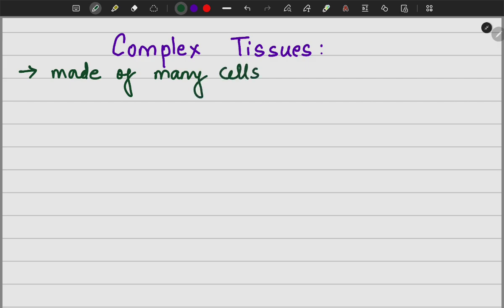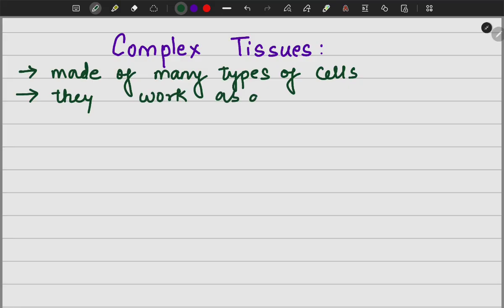Whereas the simple tissues were made of only one type of cell and they were all performing one function, the complex tissue is made up of many types of cells, or different cells, and all these cells work as a single unit to perform a specific function.